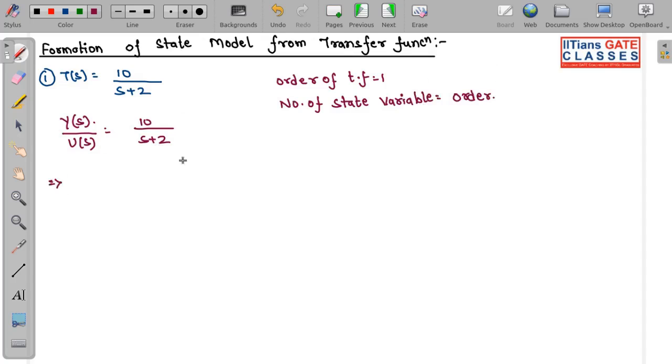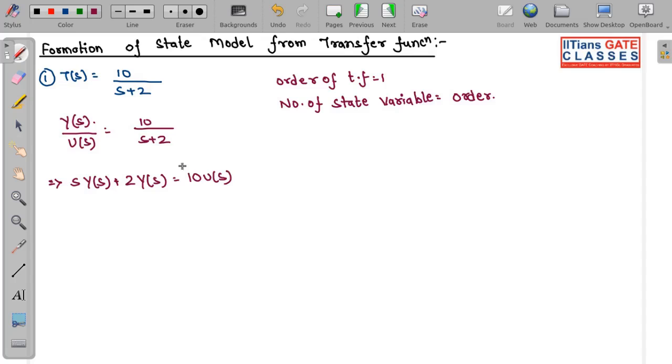So now let us cross multiply. So for this particular case, when your numerator is just a number and we have an equation of s in the denominator, at that time we are going to use this approach. So this will be sY(s) plus 2Y(s) is equal to 10 U(s).